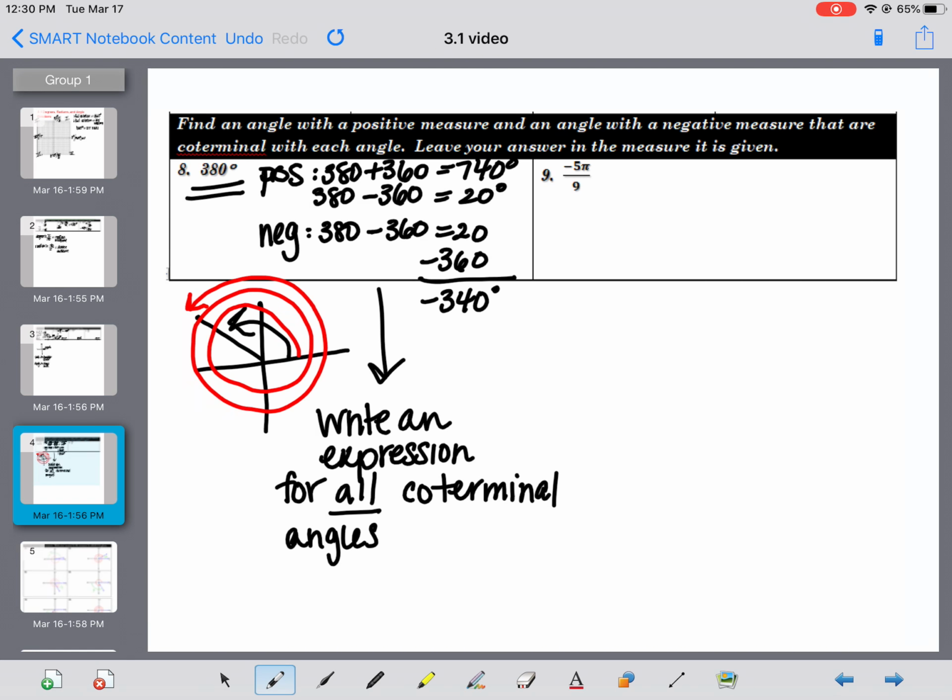Okay, so in order to do that, we would simply take our angle measure, which is 380 degrees, and we would add 360n. Okay, so the 360n is representing any number of full rotations because 360 degrees is a full rotation. Okay, and then we're going to indicate where n is an integer.